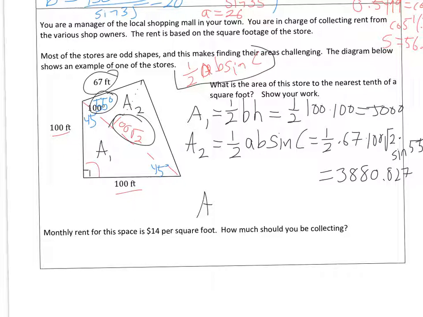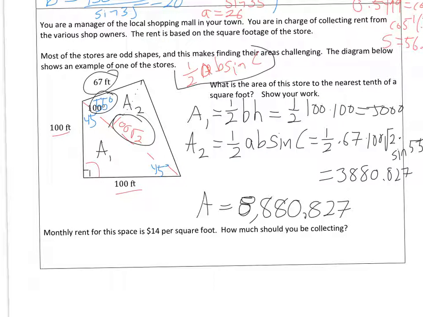When I add those together, we get 5,000 plus 3,000 is 8,000, 8880.827. So that's the area of that. There are a couple other ways that I could do that, but I think that's about the shortest way that I could do that. I could also break this up into a bunch more triangles, but let's try to avoid that.